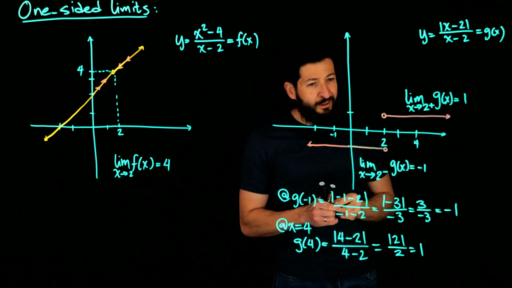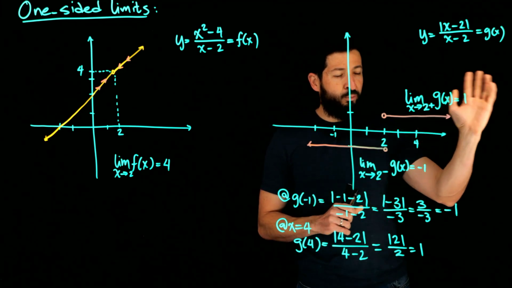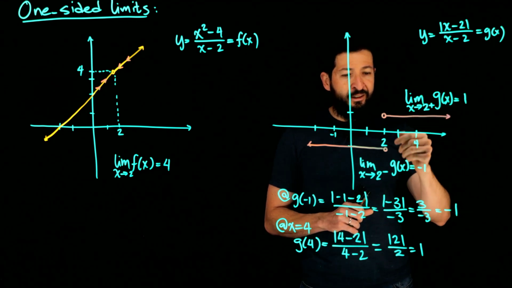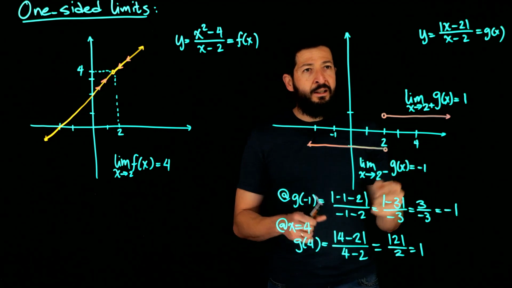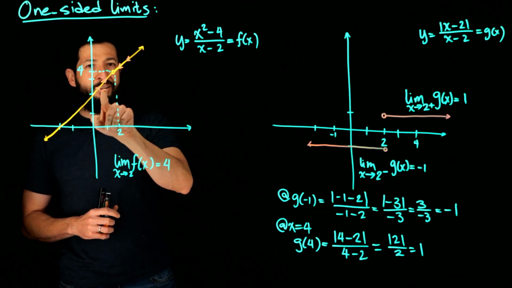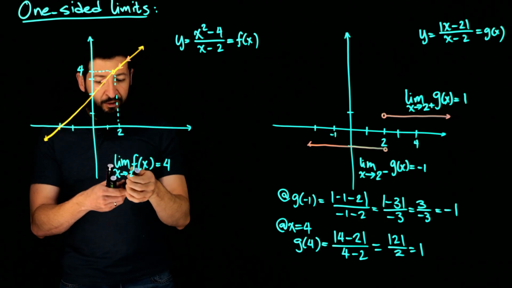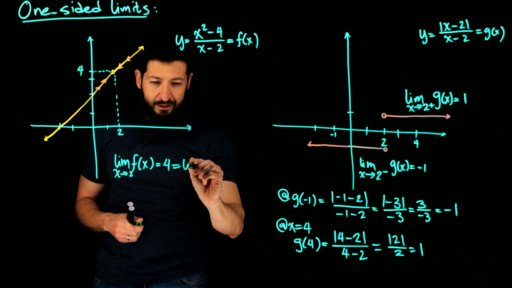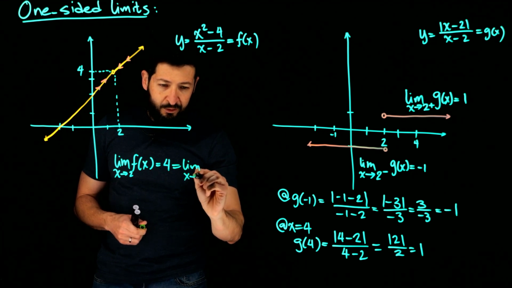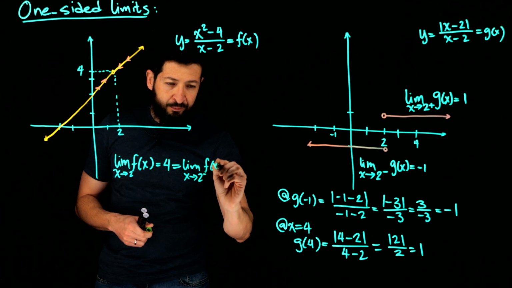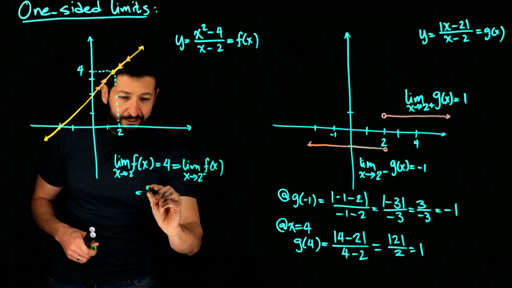But now you see that the limits are different. So when the one-sided limits are different, the limit from the right is different than the limit from the left, we say the limit does not exist. And when the limit from the right is the same as the limit from the left, independent of what side you come from, you're going to get the same value.